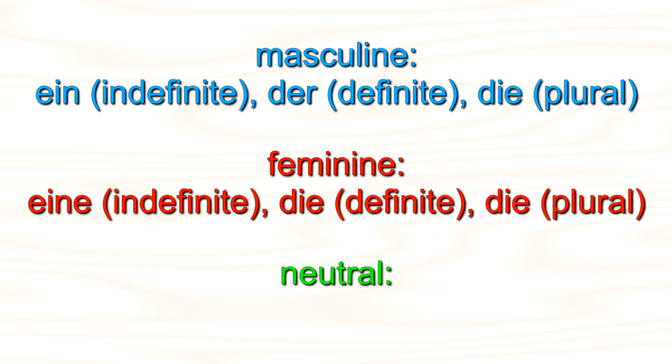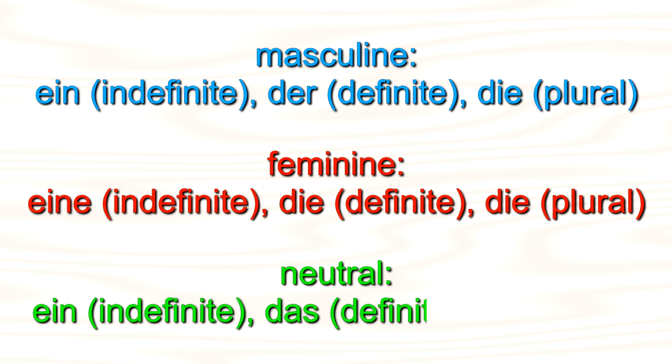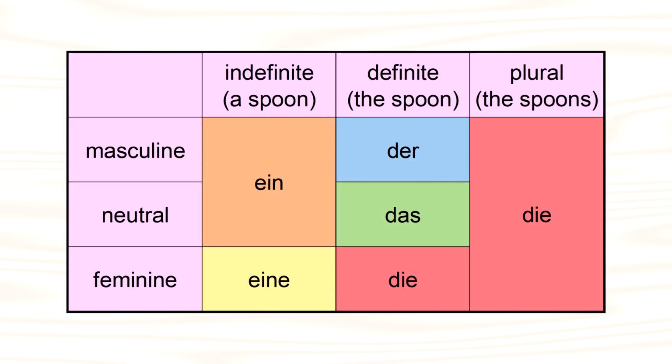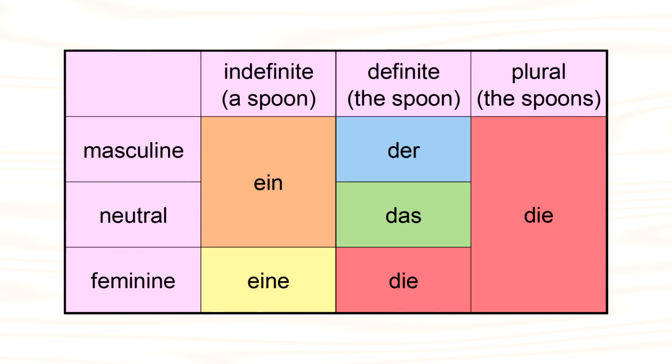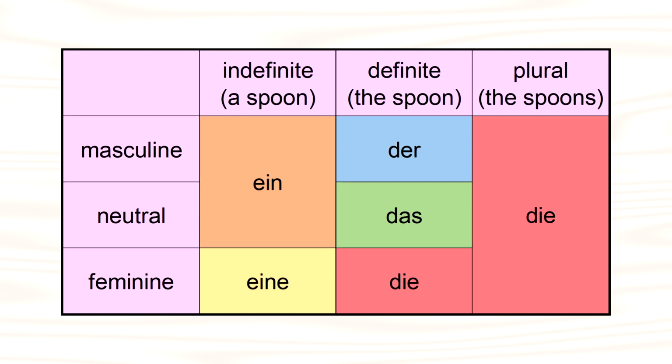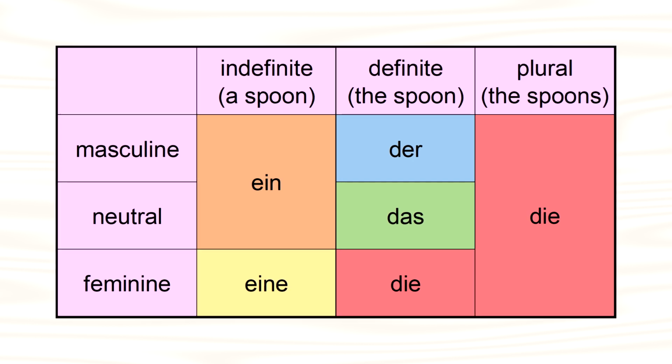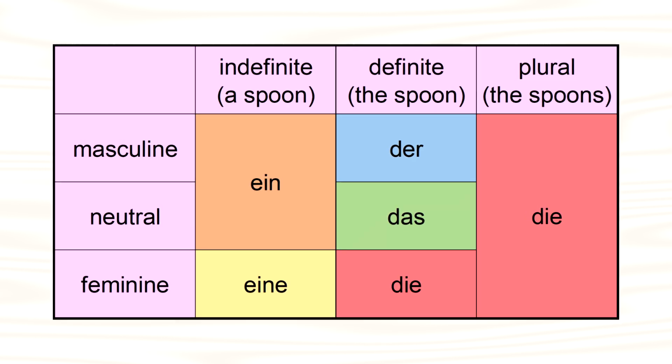And for neutral, we have ein in the indefinite, das in the definite, and again, die in the plural. It's complicated to remember it this way, so let's put it all in a table to make it more concise. You will pick up on this naturally if you use the language long enough, but it is useful to have an idea about which one is which, so maybe try to memorize this table.